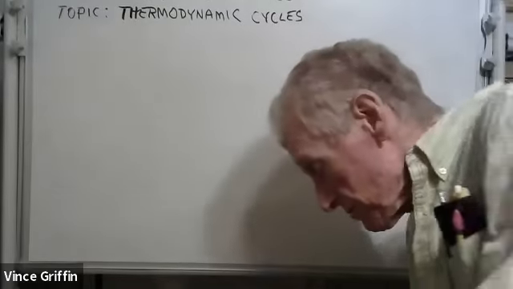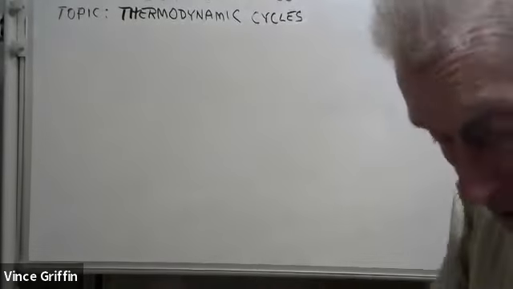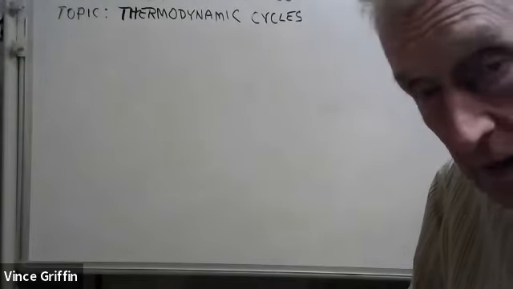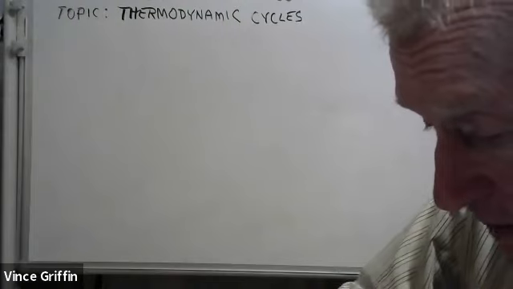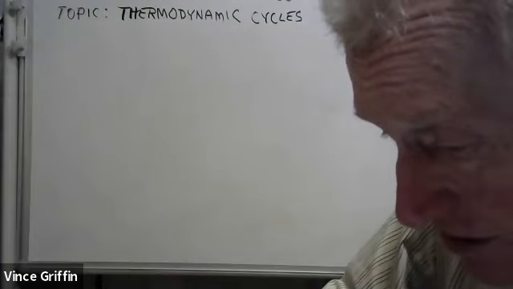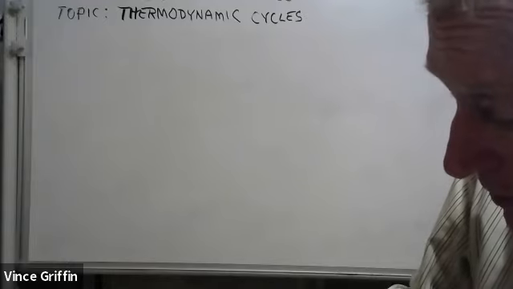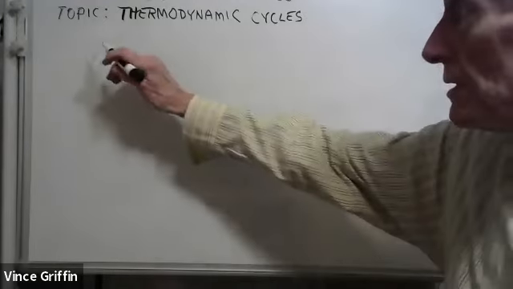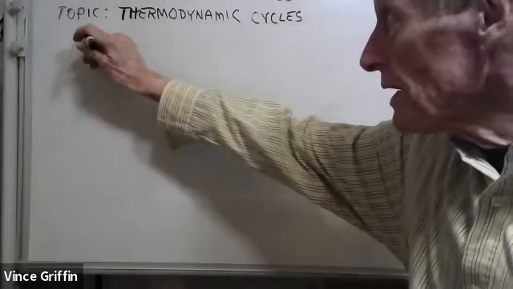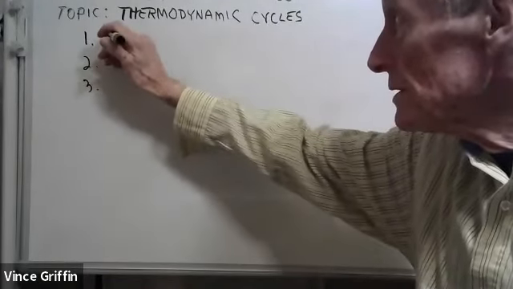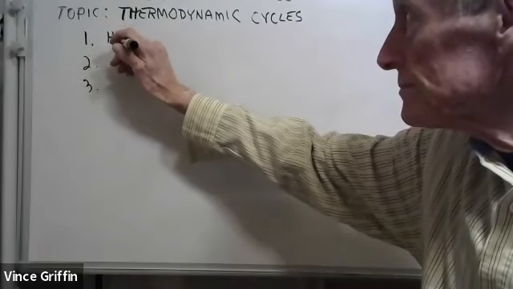let's jump into these thermodynamic cycles. There's three different kinds, and I want you to draw the cycle schematic the way I do it. I like it better than the way the book does it. But there's three different kinds. There's the heat engine.